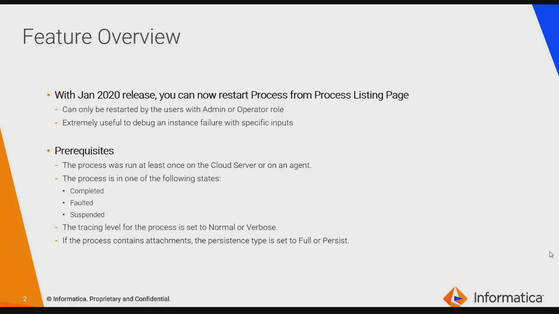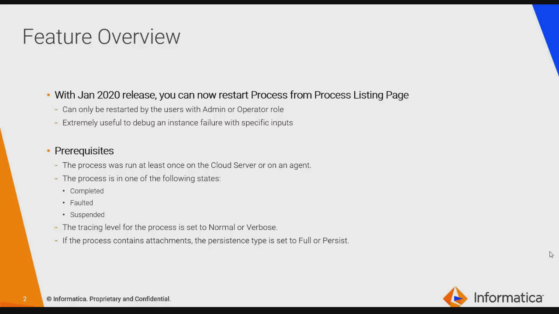They also want a very easy mechanism to at least do one retry of a failed or faulted process and figure out if things are fine now, if the issues were intermittent in the first place.